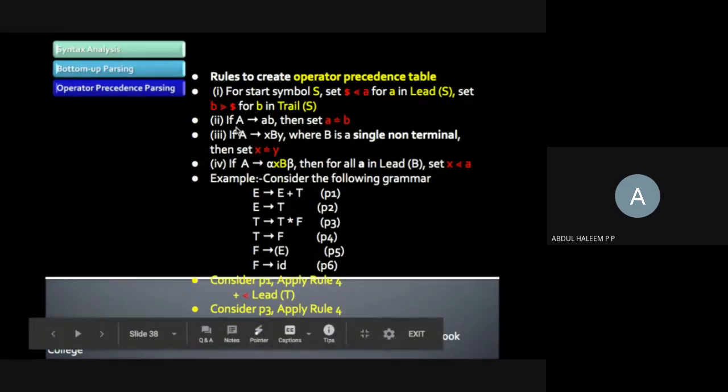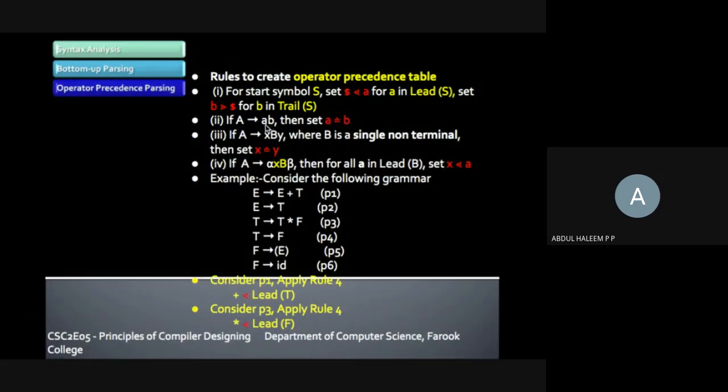Suppose that we have a production like this: A derives ab. Here in the body, we have only operators or terminals. Small a and small b represent only terminals.